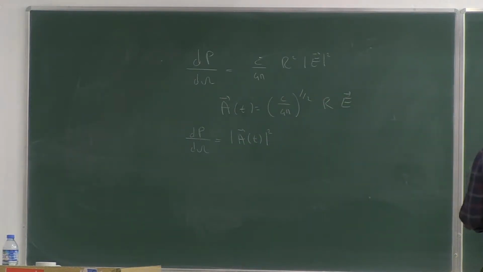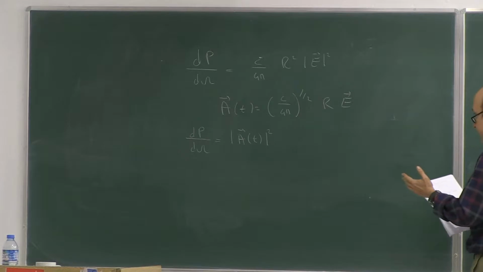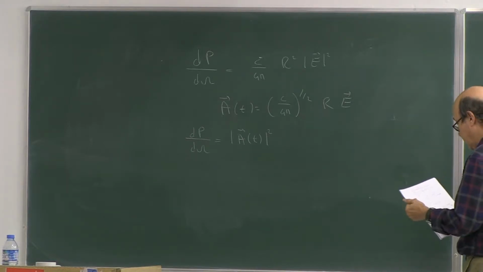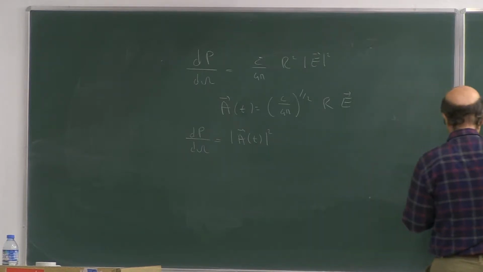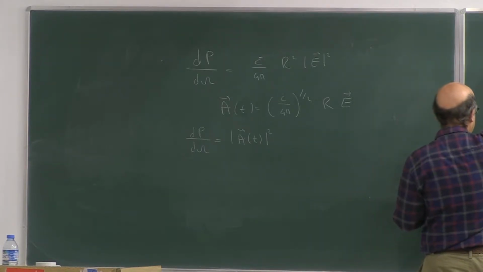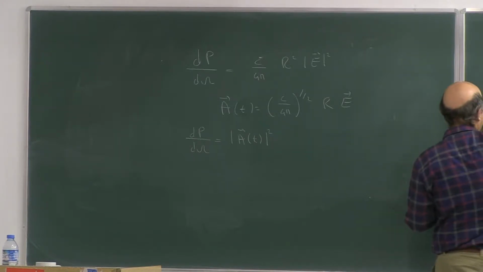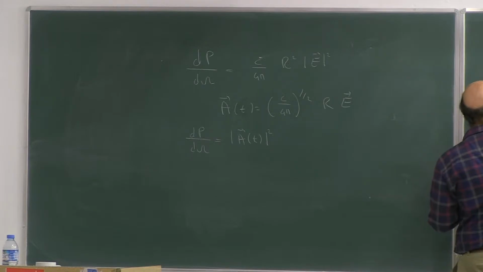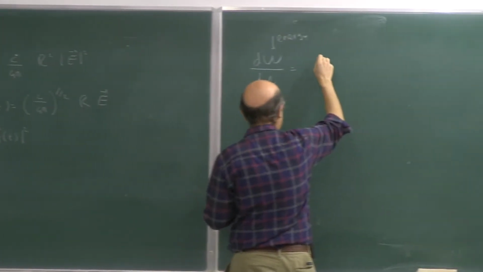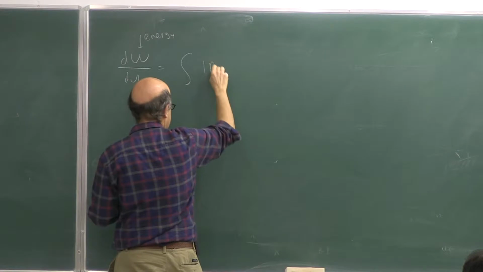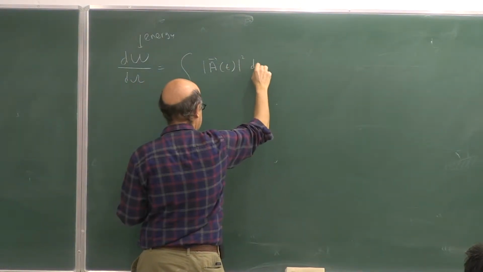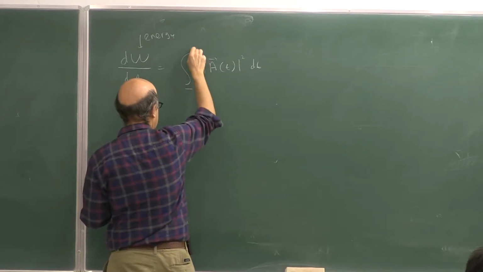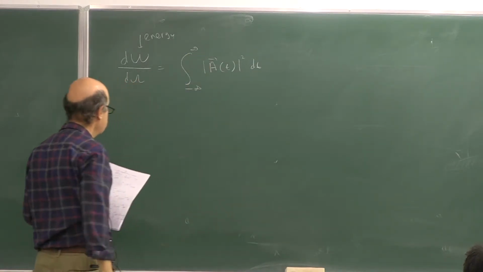Now, that is the energy per second per solid angle. So if you integrate this through all possible times, we obtain the energy per solid angle, and that integration is the following: A of t squared dt over all time intervals.